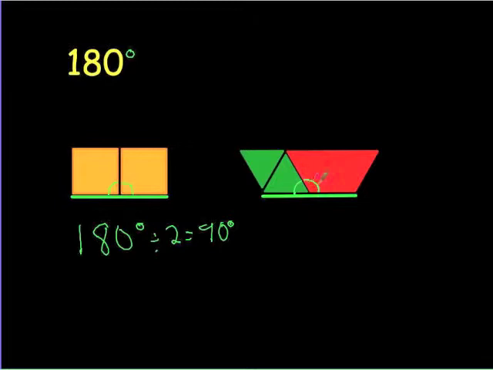Those are different angles. Those are not the same. We know this is 180 degrees. There's two angles, but how are we going to figure out which is which?